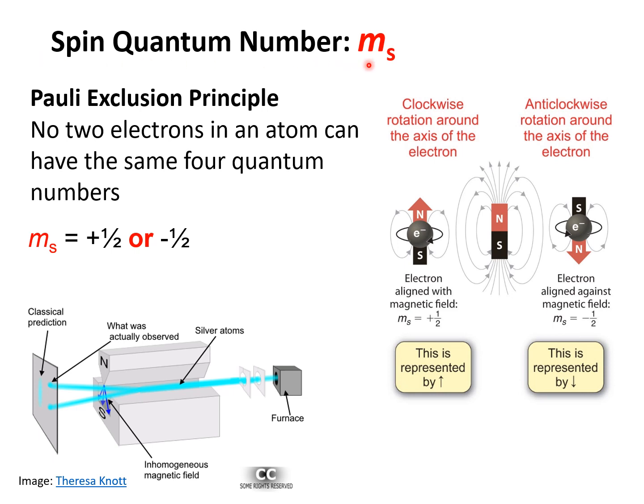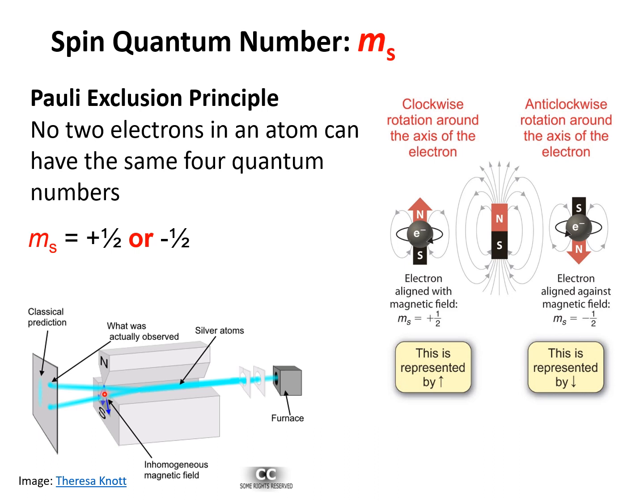Now, I just want to take a step back for a minute so that we can explain how the spin quantum number was deduced. And it happened through this type of experiment. A source here generates a beam of atoms. If those atoms have an odd number of electrons, in this case silver atoms, and that beam of atoms is passed through a magnetic field, then something very surprising happens.